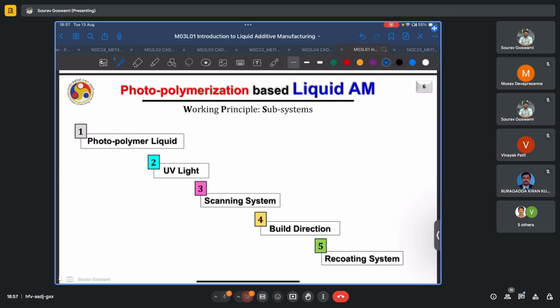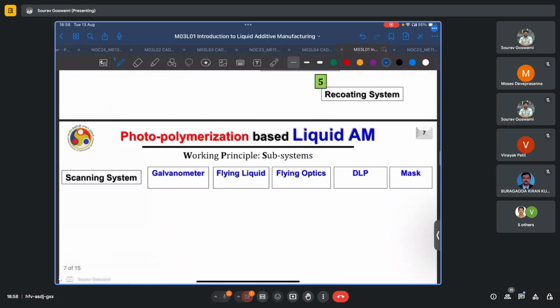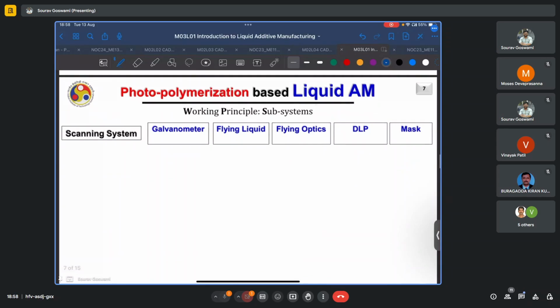The build direction, as we discussed, whether it is along positive Z, along negative Z, or whether there is no fixed build direction at all. And finally, the recoating system. We'll just discuss each of them briefly.